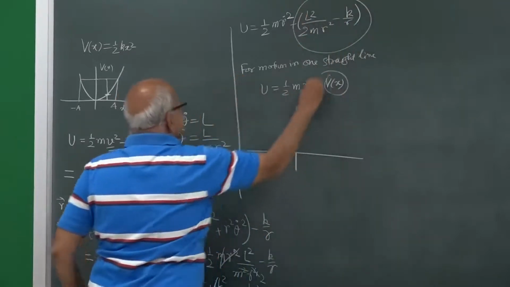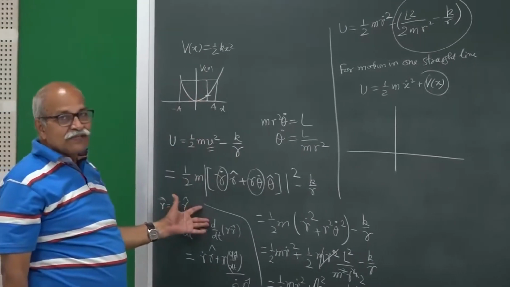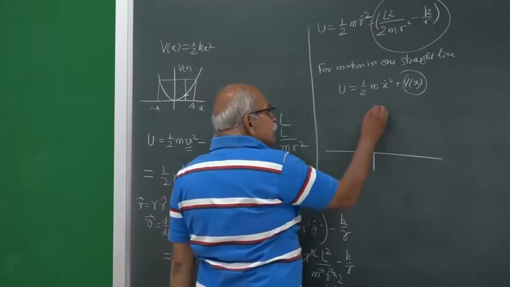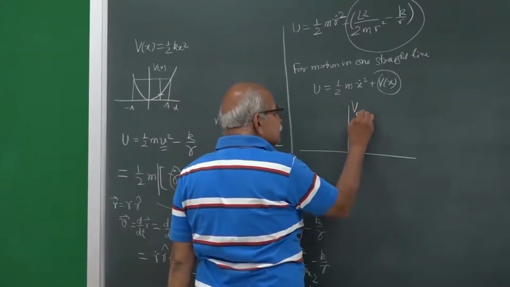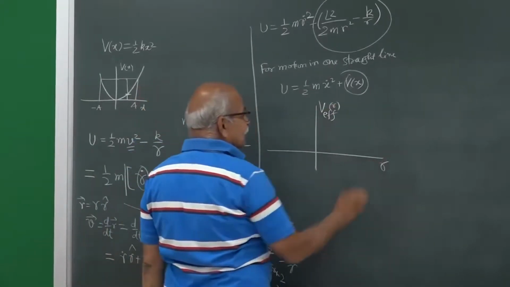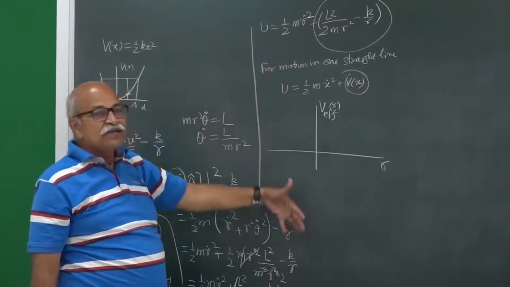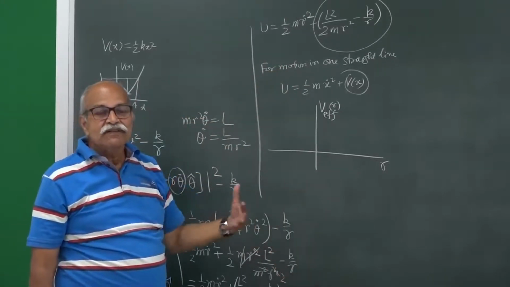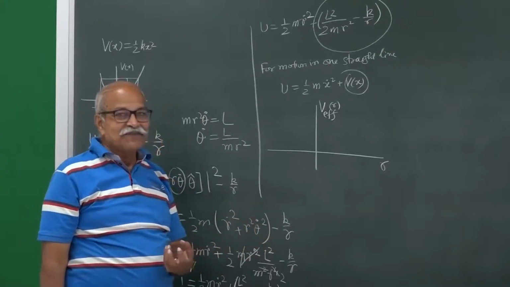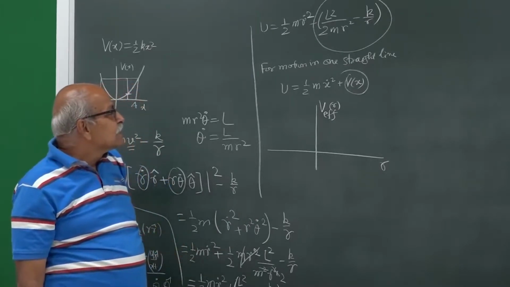There we plotted V of x and derived the equations. Here we plot this quantity, which we call V effective, as a function of r, and from this we can derive several pieces of information about the attractive inverse square motion of a particle. Okay, so how do I plot this?